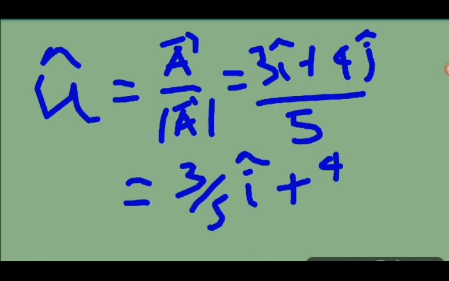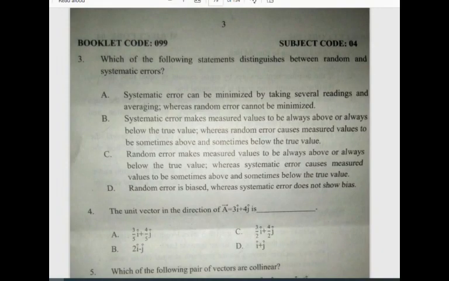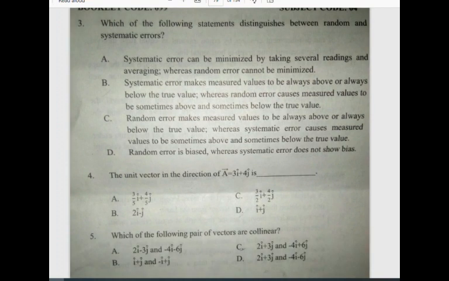So this is the answer, which is A. So when we proceed to question number 5, it says which of the following pair of vectors are collinear. Collinear means in the same line.